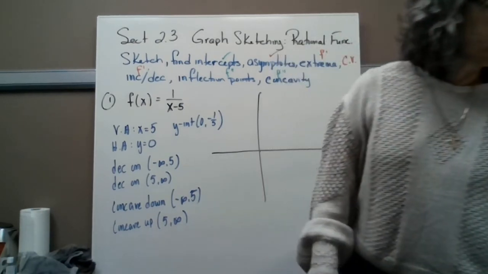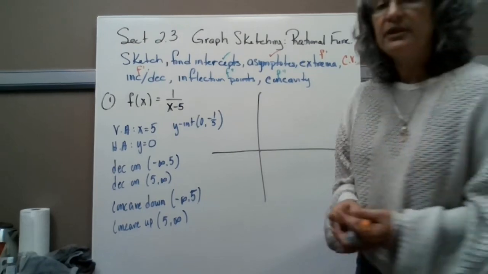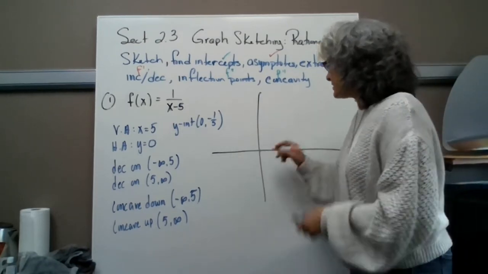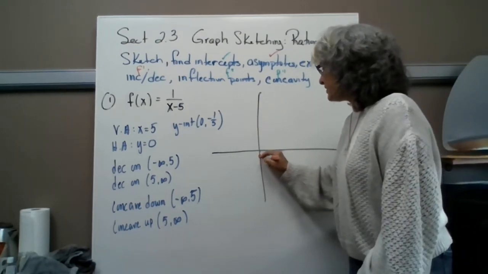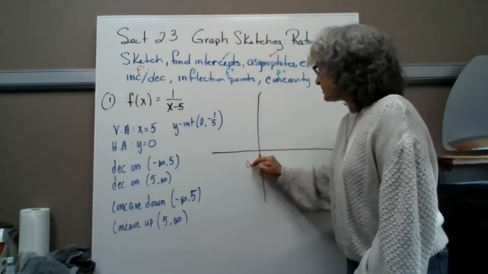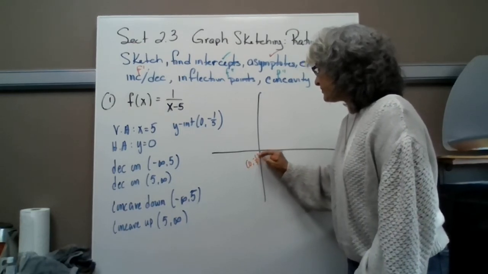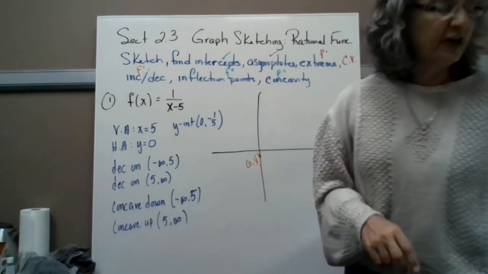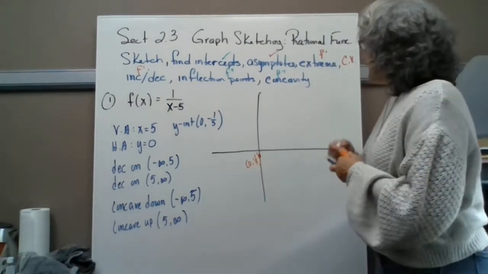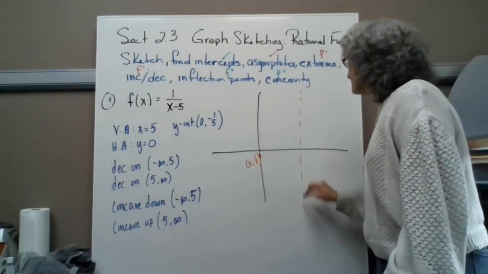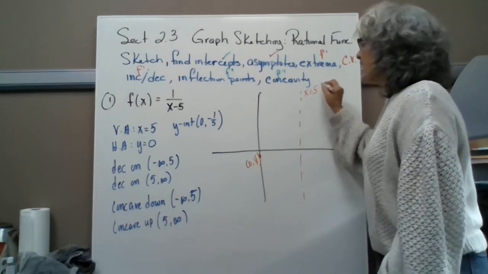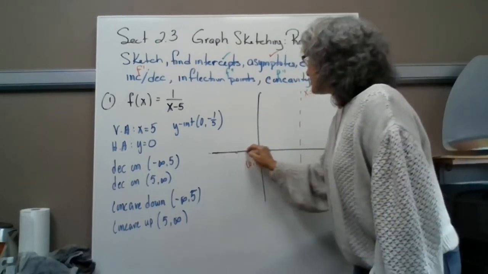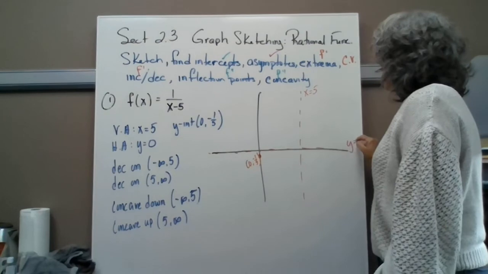So, first things first, I know that I have a y-intercept at (0, -1/5). So there's my y-intercept, (0, -1/5). I know I have a vertical asymptote at x equals 5. I know I have a horizontal asymptote at y equals 0.